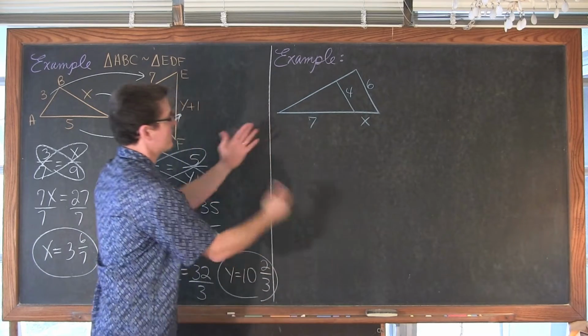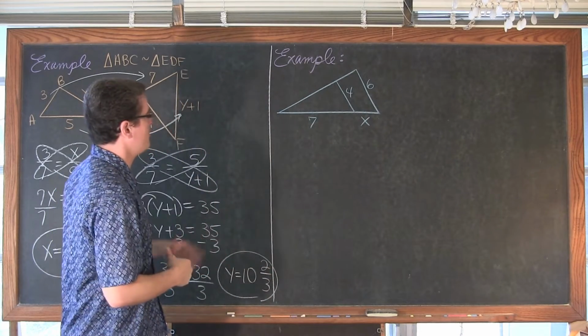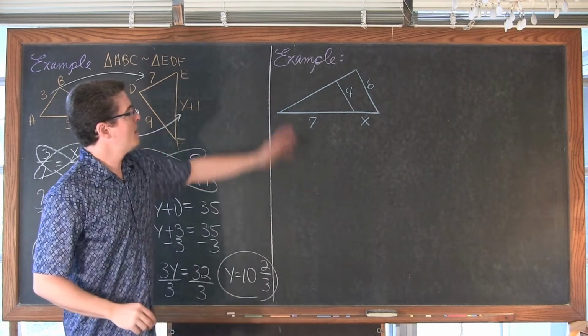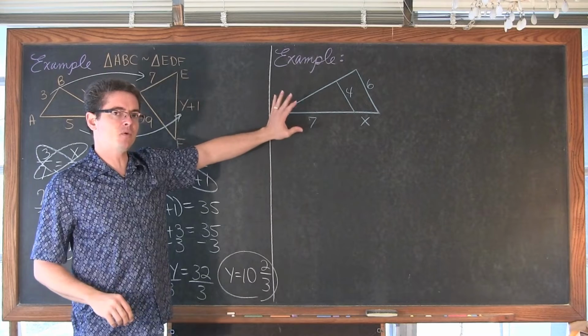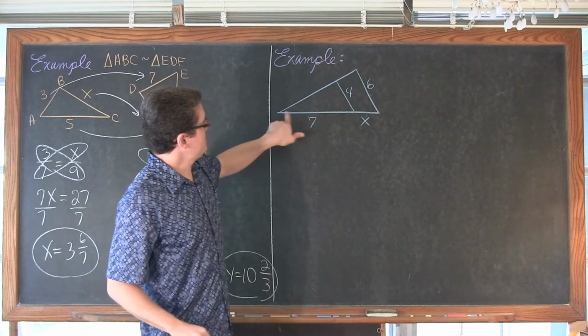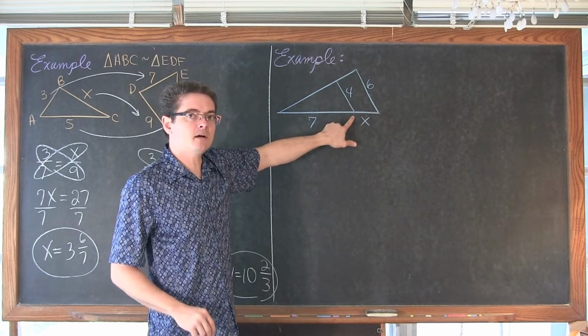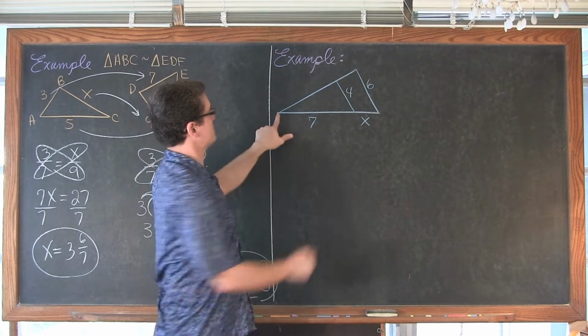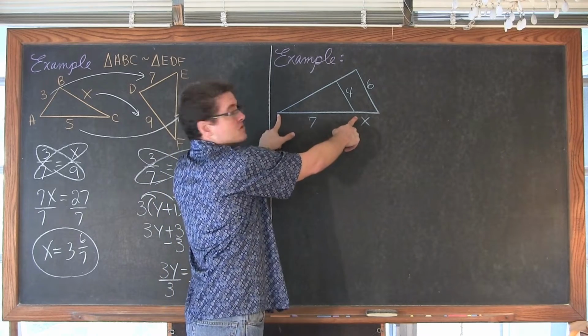Coming on over here, we have a very similar type of problem. We're going to do the same thing with the cross multiplication and setting up our equal proportions, but it's a little bit difficult with this kind of problem. The 7 is the entire length of the small triangle that's nested inside this big triangle.